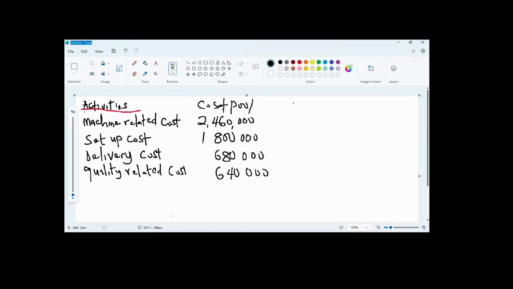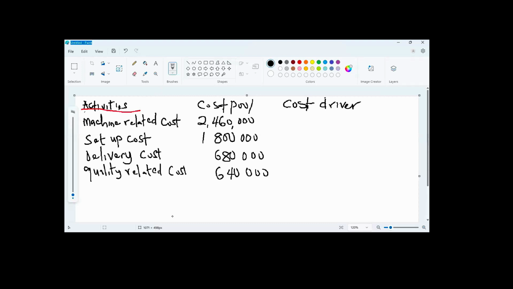Next, your cost driver. Look at machine related. What can give rise to machine cost?